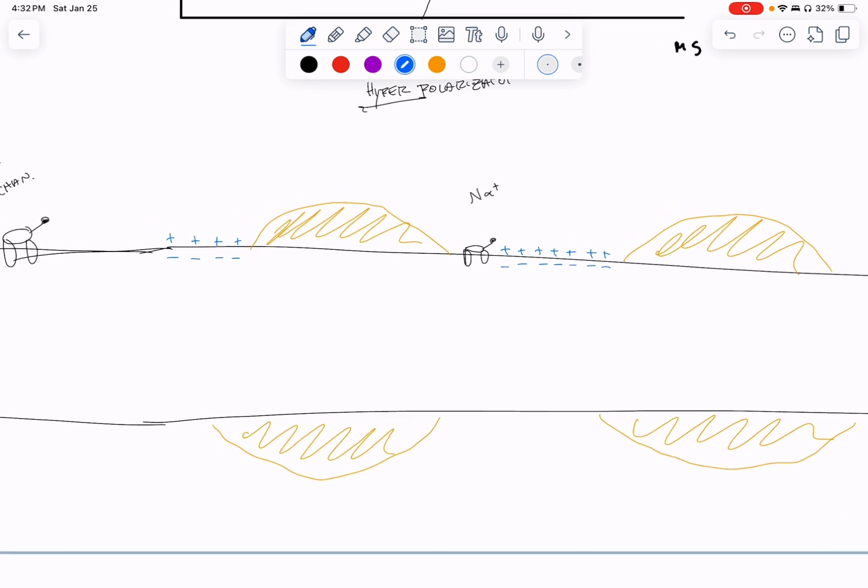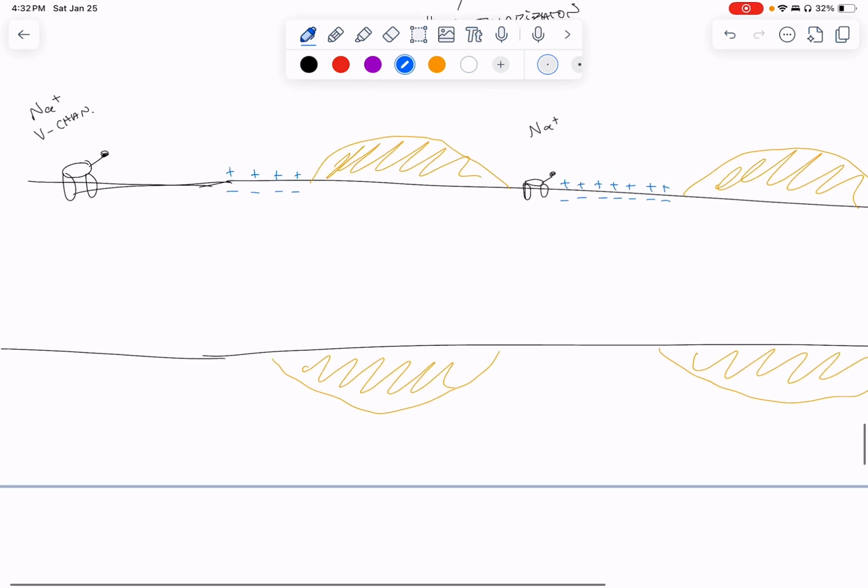And these charges are going to actually affect how far, when sodium rushes into the cell, it's going to kind of release this signal, right?